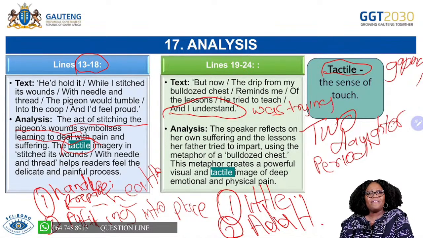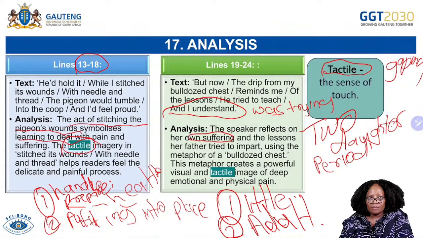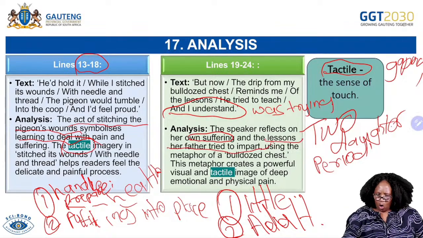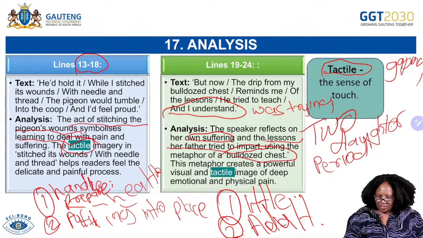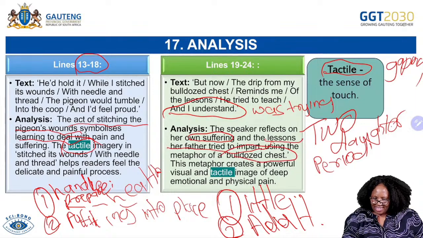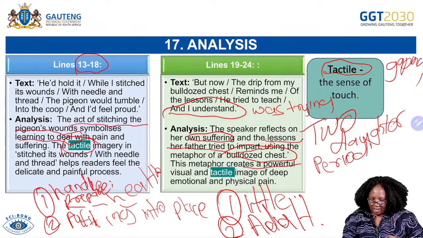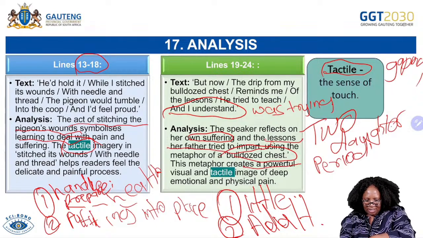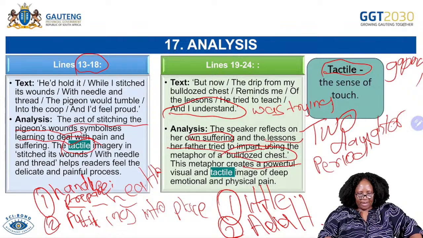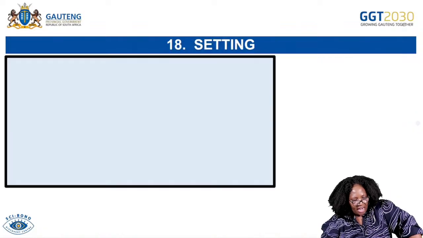The speaker reflects on her own suffering, cancer, and the lessons her father tried to impart, using the metaphor of a bulldozed chest. This metaphor creates a powerful visual and also tactile image. You see and you touch. The image of deep emotional and physical pain.